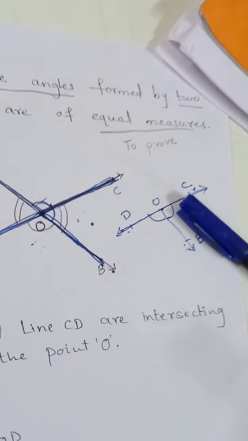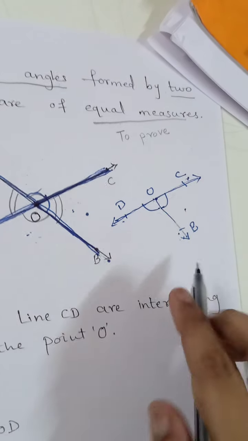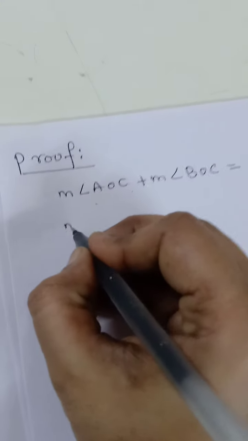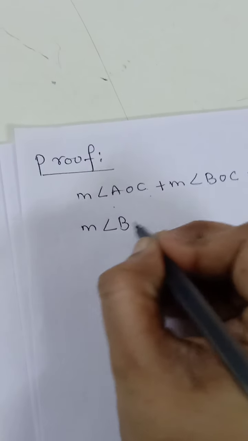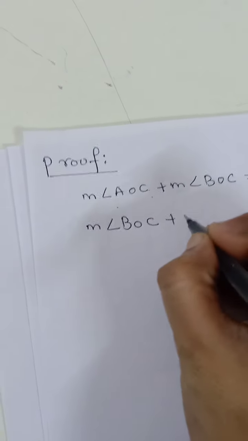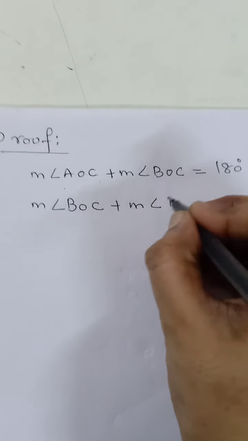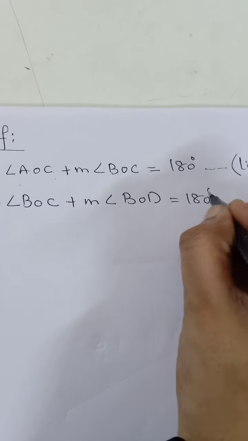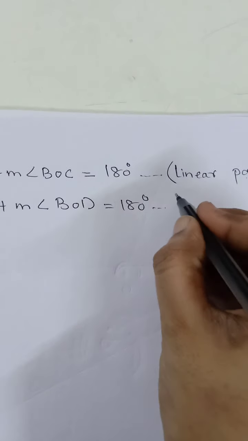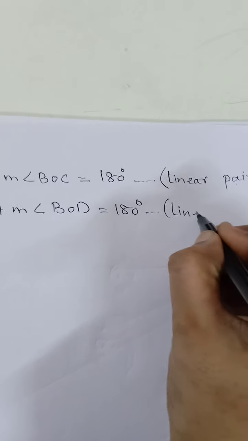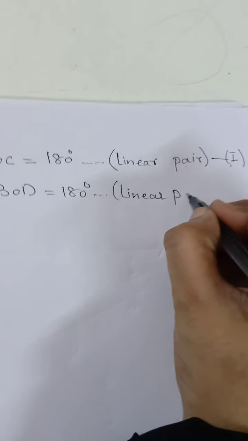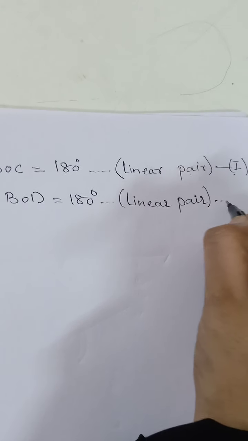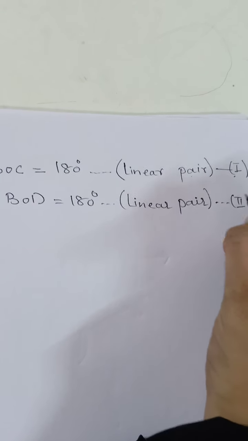So this only we will write. First angle is BOC, second angle is BOD. So I will take here measure of angle BOC plus measure of angle BOD is also equal to 180 degrees. Because of the same reason, I will write linear pair, and I will give it as equation number 2.